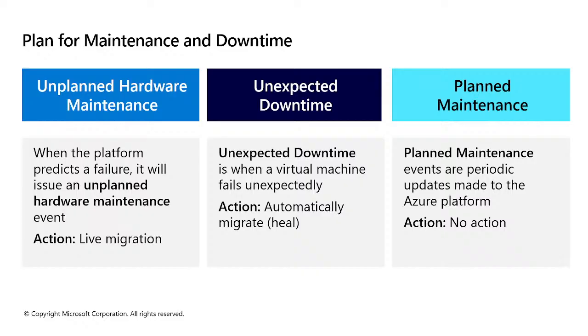And the last one is planned maintenance, where there are events saying we are going to be updating this particular machine. No action is required, because it will be migrated if there is a need. But in all, what Microsoft is trying to make sure is your virtual machines are always available to you.